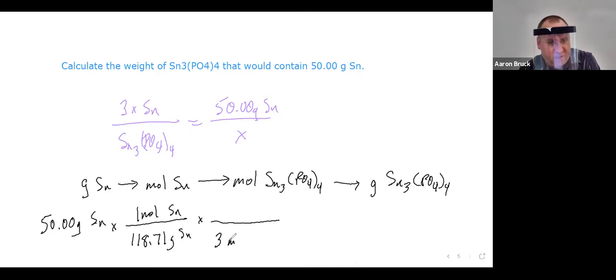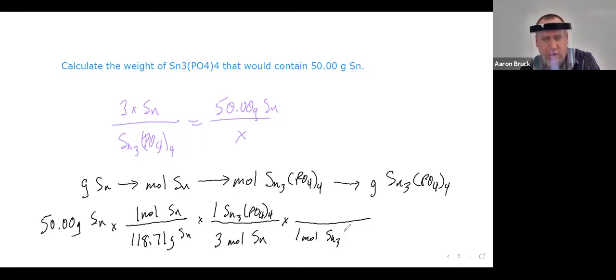There are 3 tins in every tin 4 phosphate. And then finally, we need to turn that mole of tin 4 phosphate into grams.